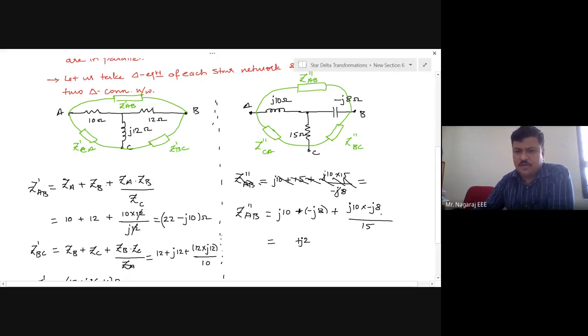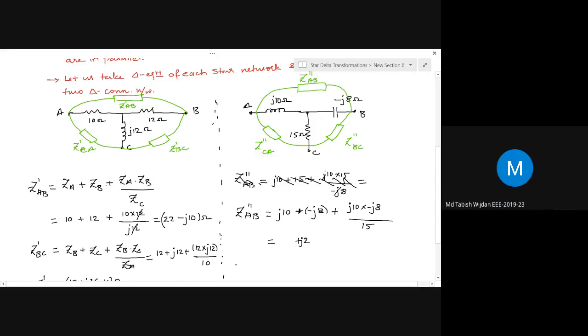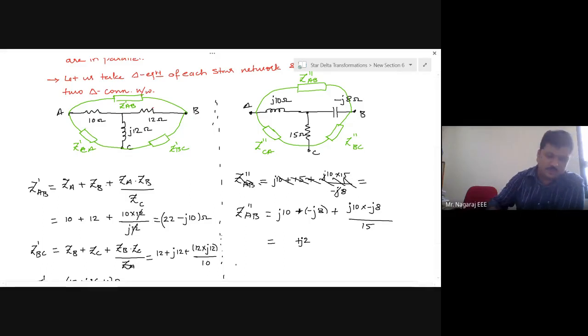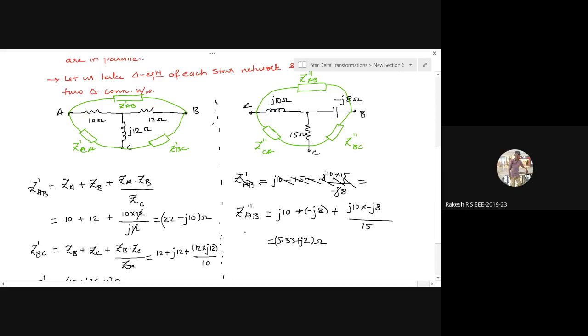So 10 into 8, 80 divided by 15, it is 5.33. It is 5.33 plus J2 ohms. All are getting the same? Yes, sir.